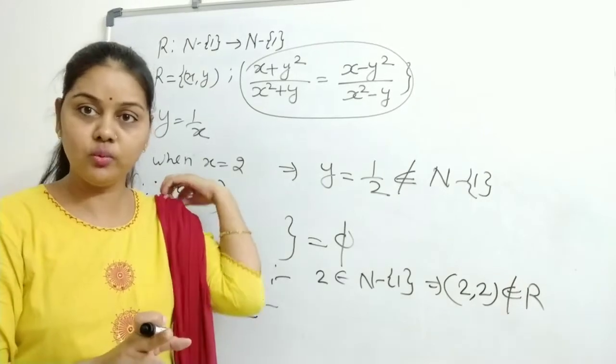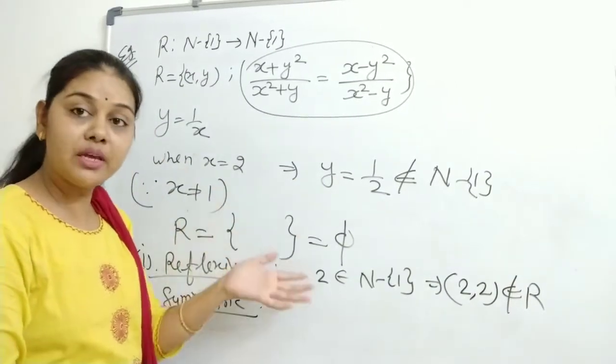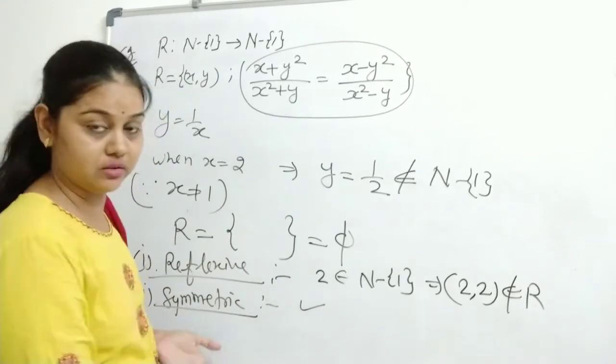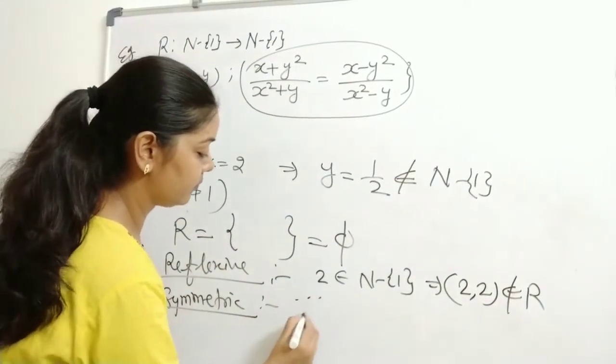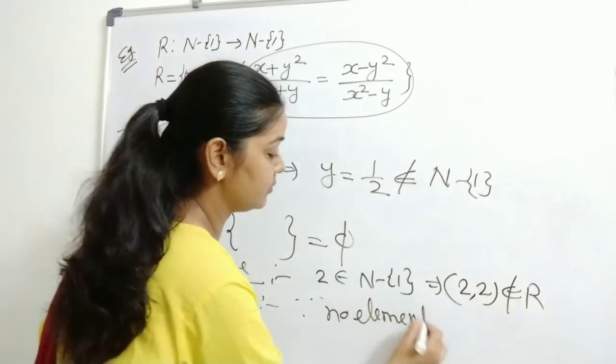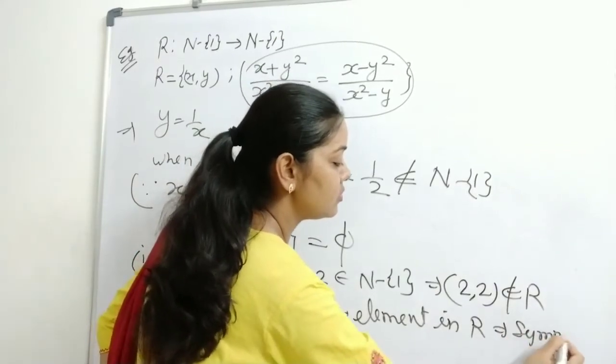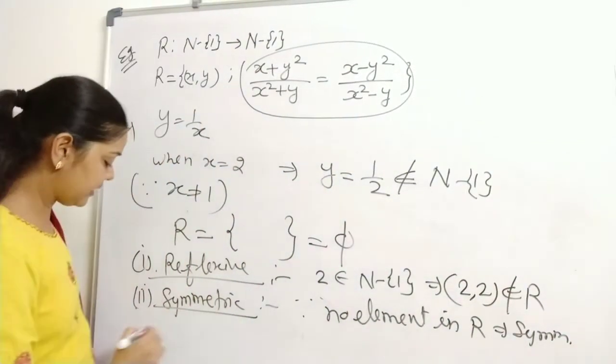Is it clear to you? Now for symmetric, there is no element, R is empty, so it is symmetric, since there is no element in R.